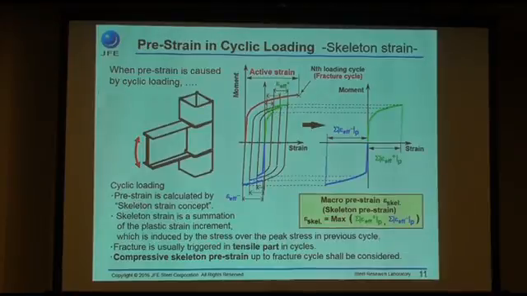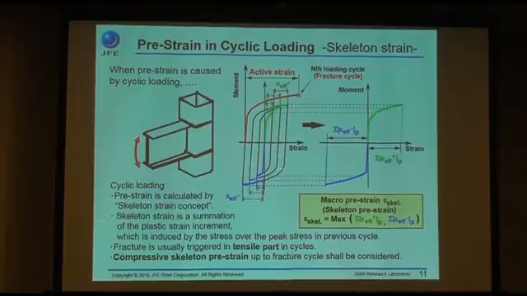But the final target of ours is prestrain in cyclic loading. So we need to investigate how to estimate the prestrain level due to cyclic loading. WES 2808 proposed a skeleton strain concept.